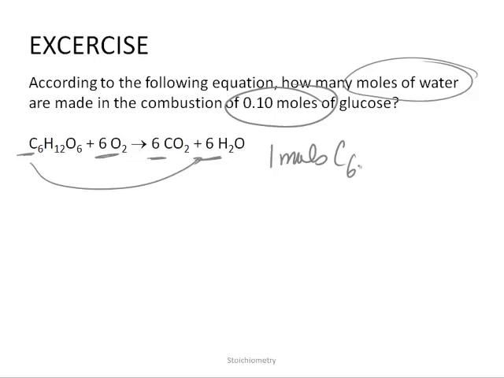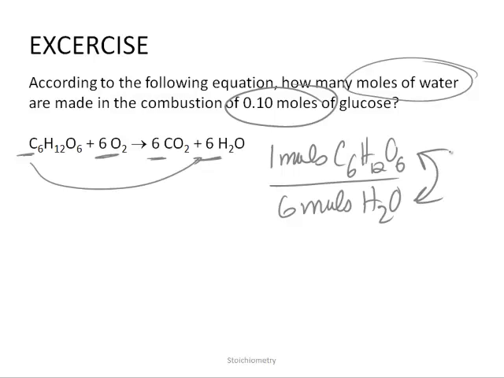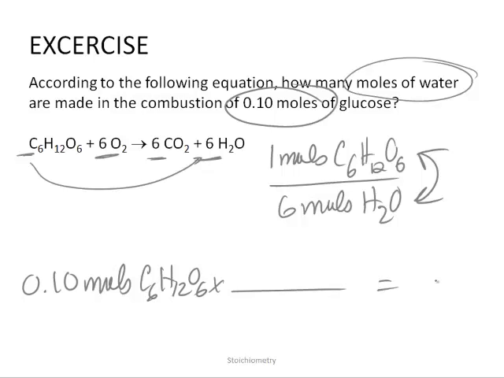So if I have 1 mole of glucose, I will make 6 moles of water. And of course, with every conversion factor, we can make 2. We can flip these to suit our needs. So I've got 0.10 moles of glucose, and I want to know how many moles of water I'm going to make or produce.